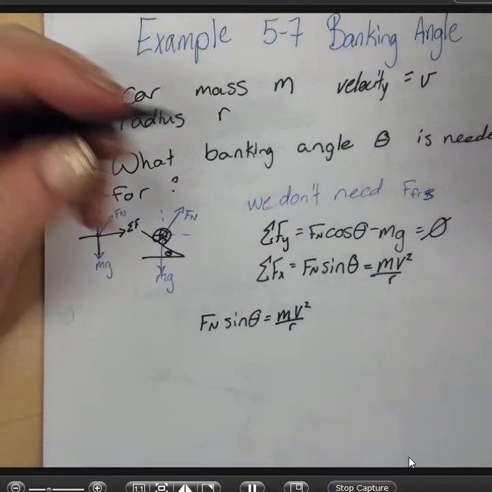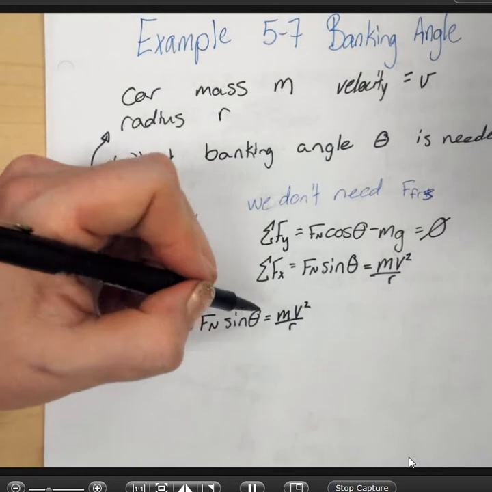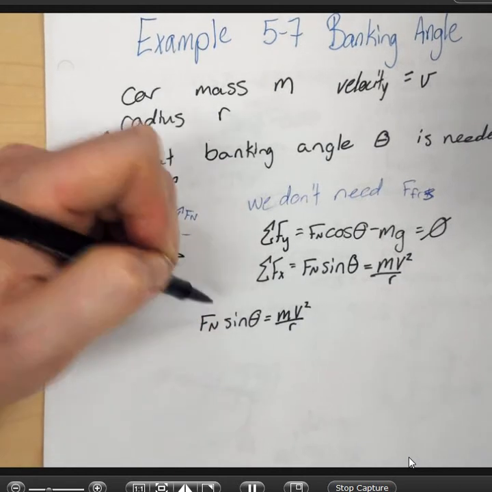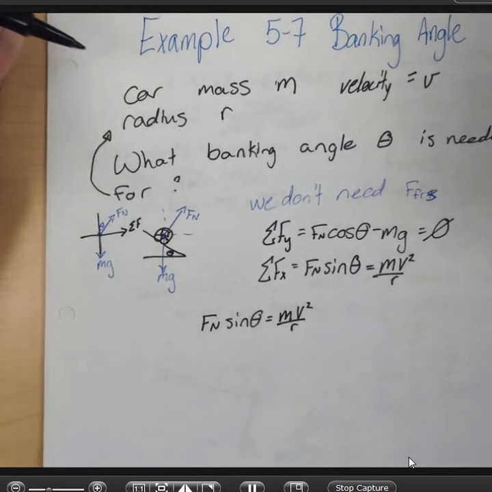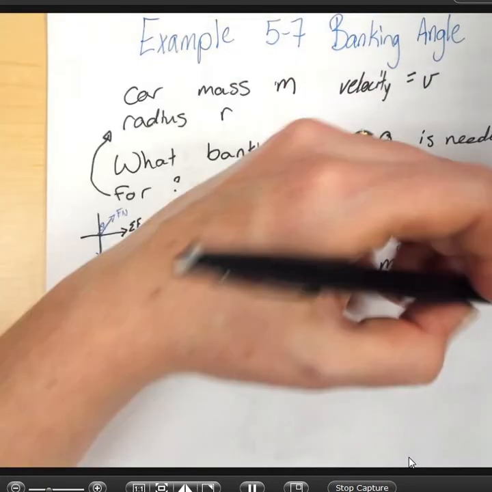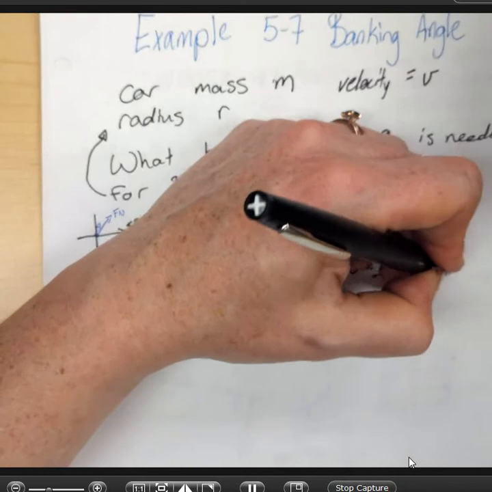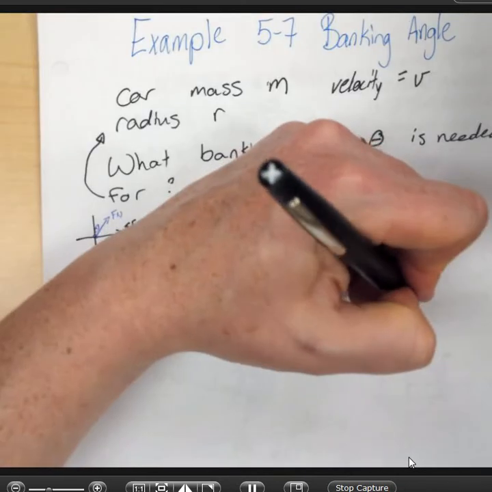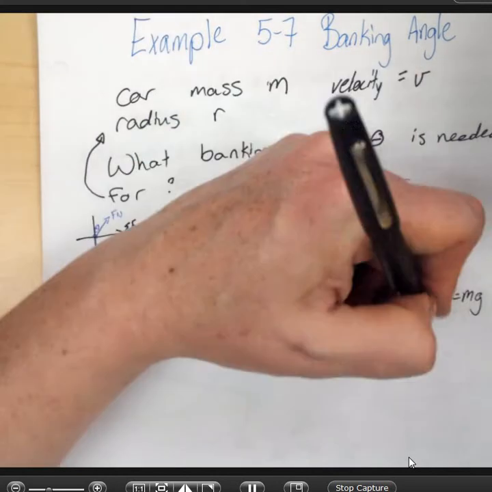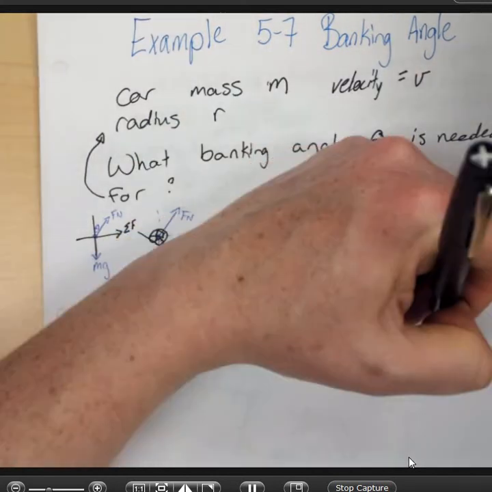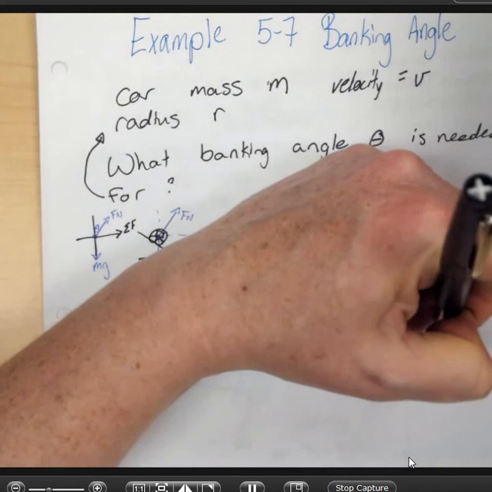If I'm going to solve for this particular angle, then I need to eliminate my unknown force Fn. For a car of mass m and a velocity v with a radius r, well, I can use the y equation to say Fn cosine theta equals mg. So that means that Fn equals mg over cosine theta.